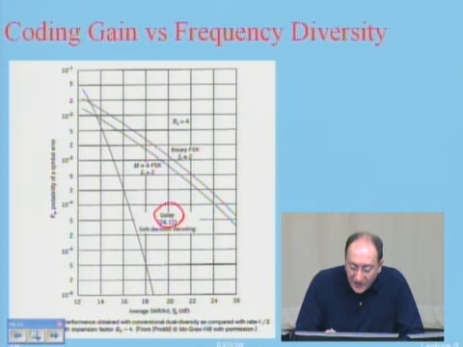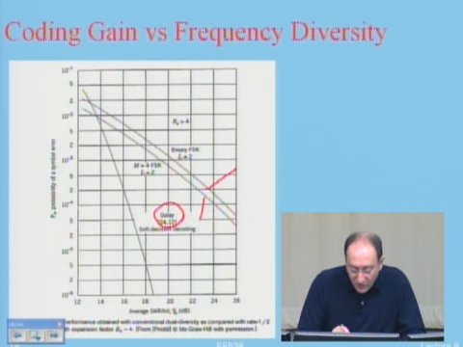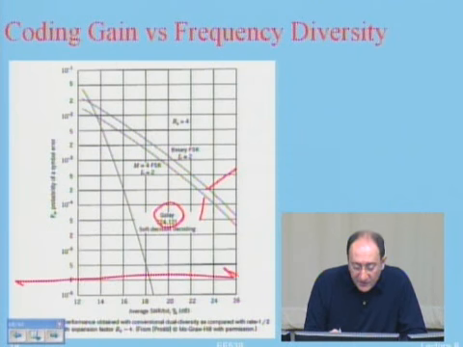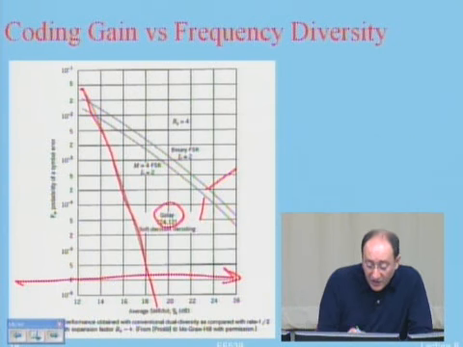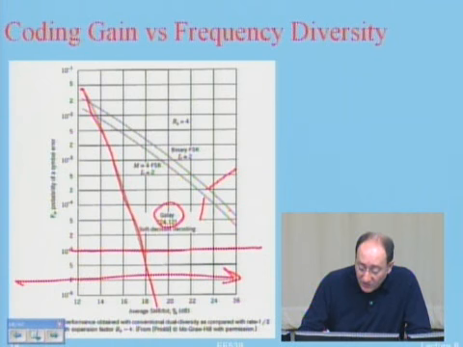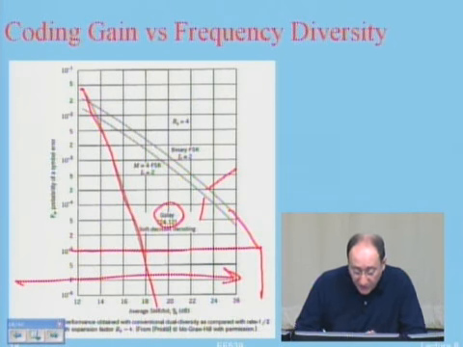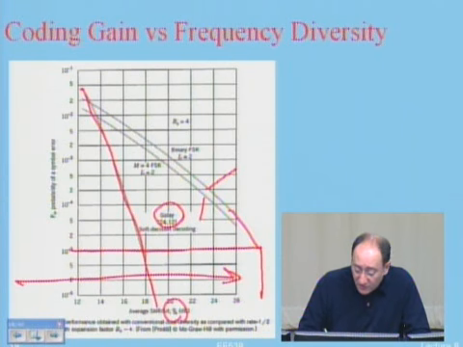But anyway, here I have binary FSK, and then 4 FSK over the fading, and this is when I have the coding in there. Look at that. I was interested in 10 to the minus 5, and for 10 to the minus 5, I needed a signal to noise ratio of something like 30 dB, for example.